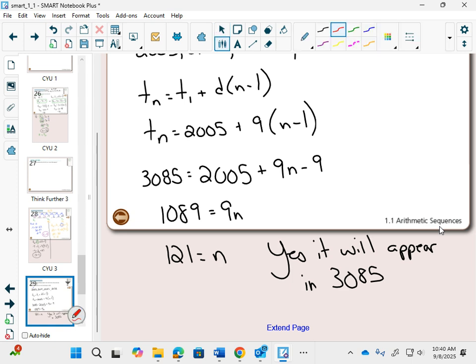Sorry, I got off topic because it's kind of exciting numbers that showed up. Does anybody know how I looked at that number and without a calculator, I already knew it was going to work? Does anyone know the trick for dividing by 9? Some multiple of 9. Yeah, if you add up all the digits of the number, 1,089, so 1 plus 0 plus 8 plus 9, you get 18.